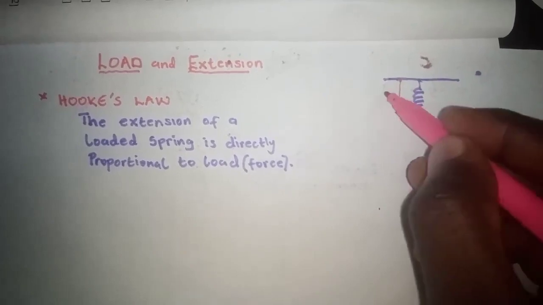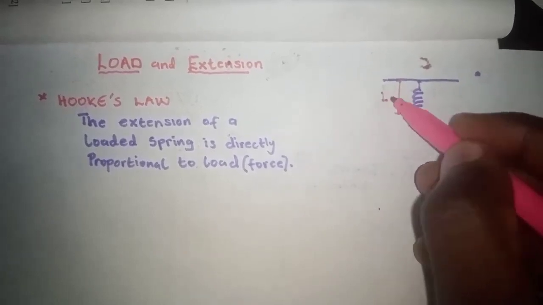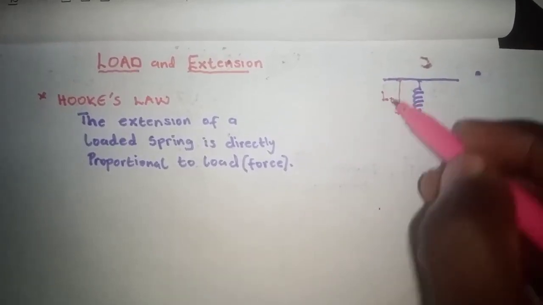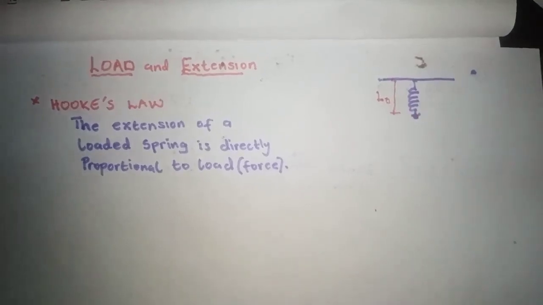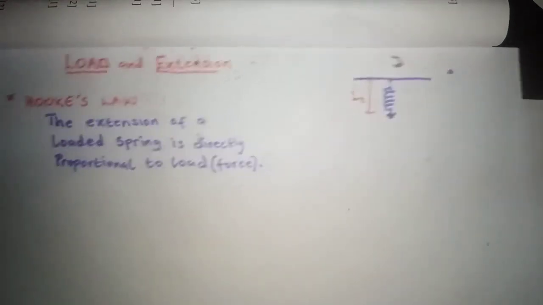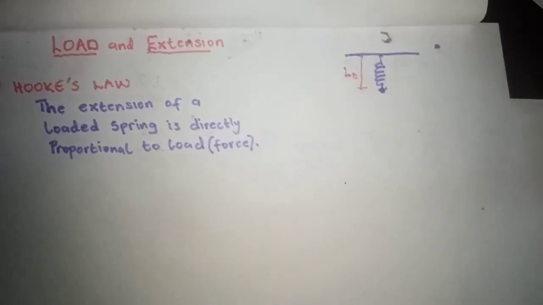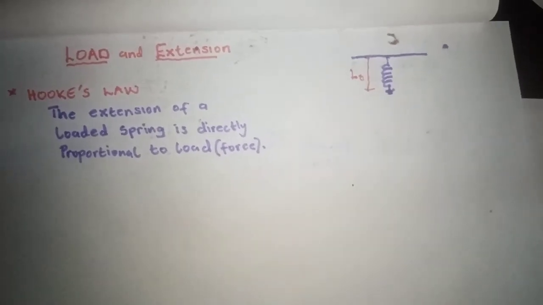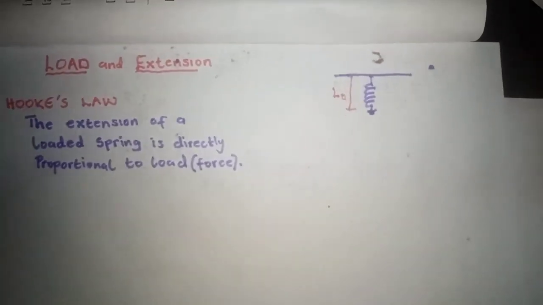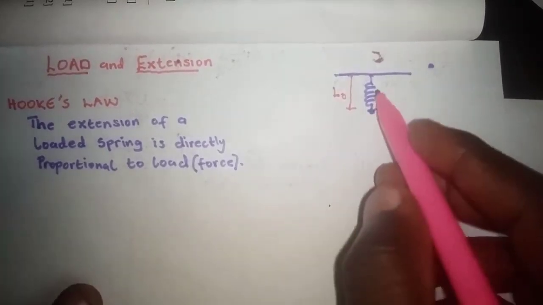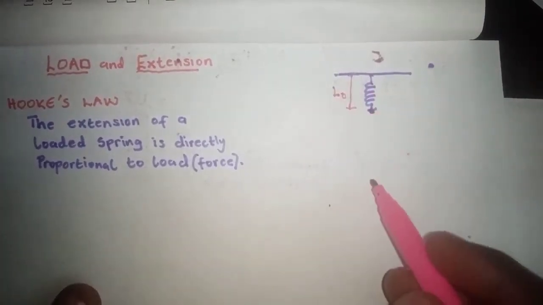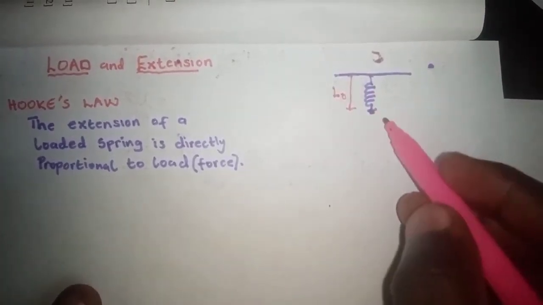That is the length of the spring, or what we call the original length. Now, a spring is able to extend and then return back to its original position.